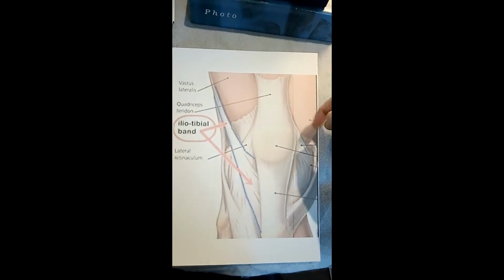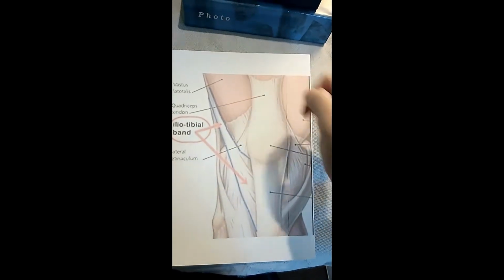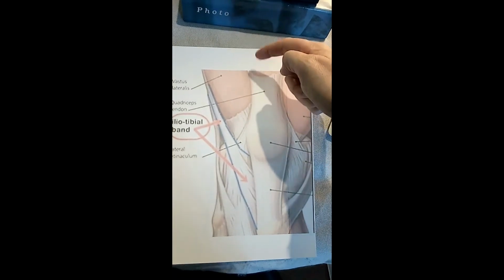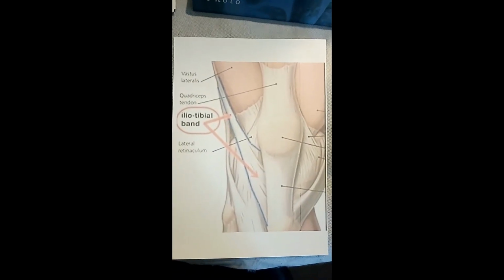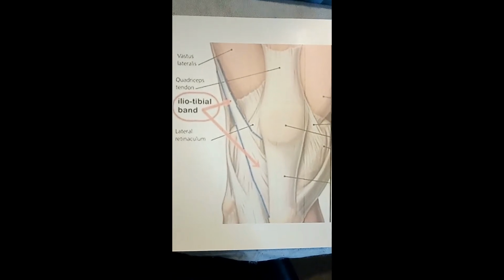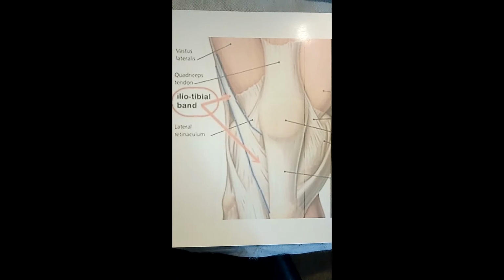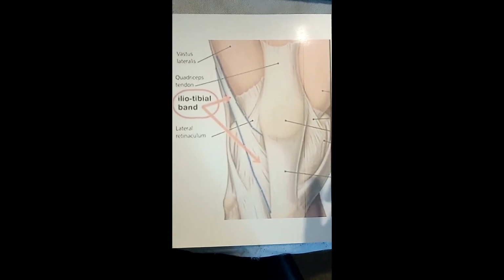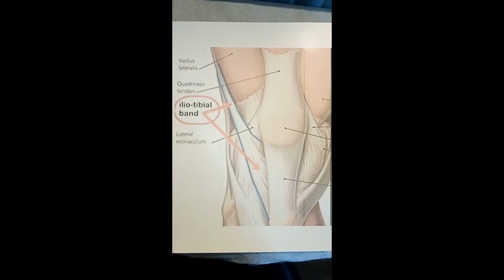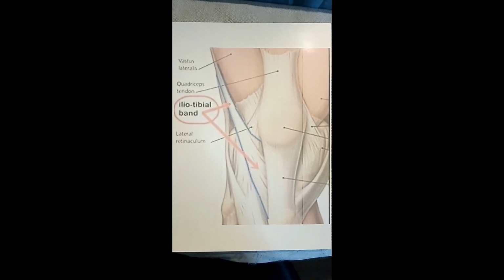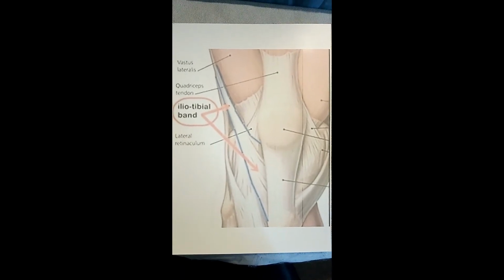So you've got your vastus medialis and your vastus lateralis, and this one going up into the rectus femoris, which is the one quad muscle that actually crosses the hip and so acts as a hip flexor also, whereas the other three quad muscles just cross the knee, so they're used for knee extension.